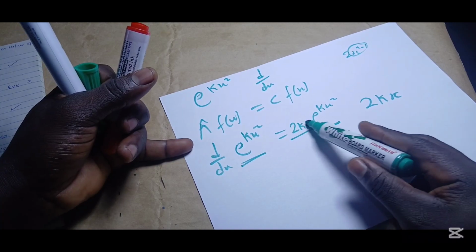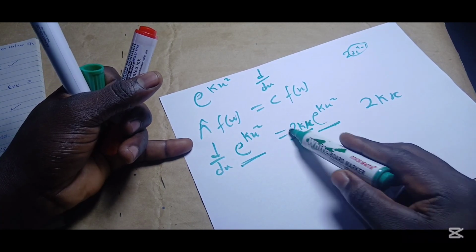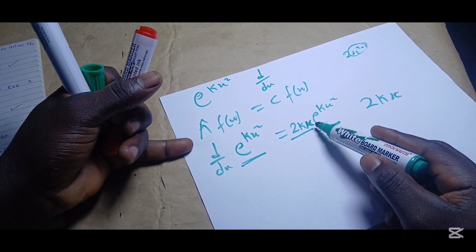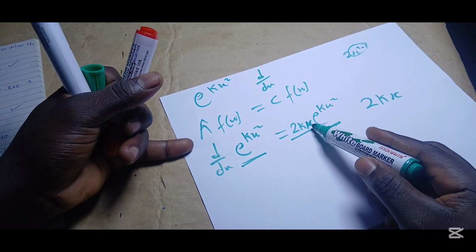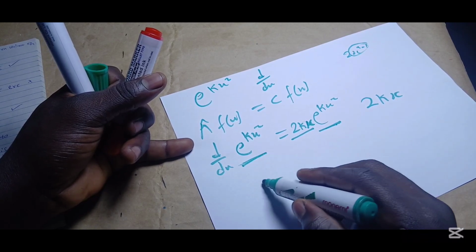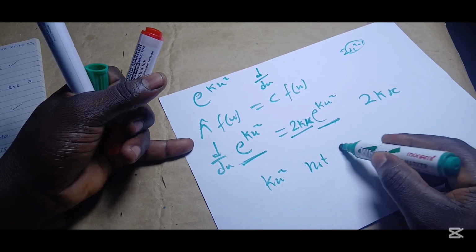We are differentiating with respect to x, so this term should be a constant. The variable that we are differentiating with respect to shouldn't be part of this term. So e to the power kx squared is not an eigenfunction.